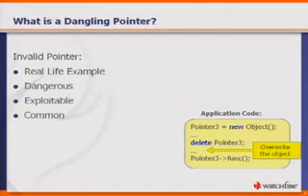A few things about dangling pointers. As I'm going to show you, dangling pointers are very dangerous, and I think most of them can be exploited for arbitrary code execution. So they are exploitable, and there is a good methodology in order to exploit them. And they are common.